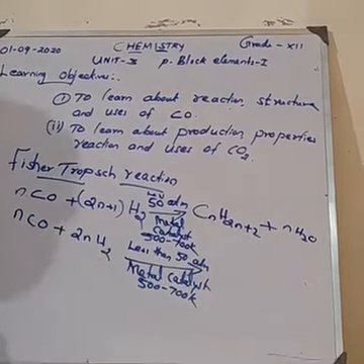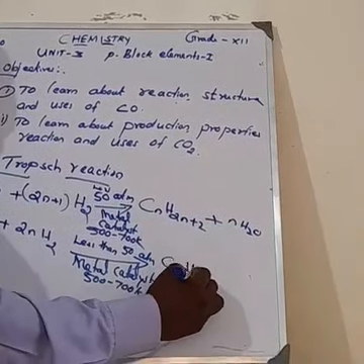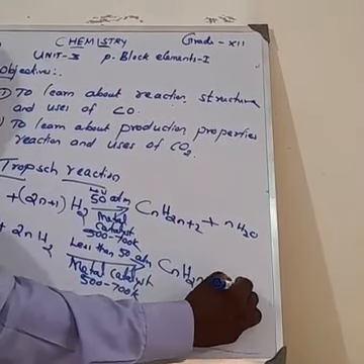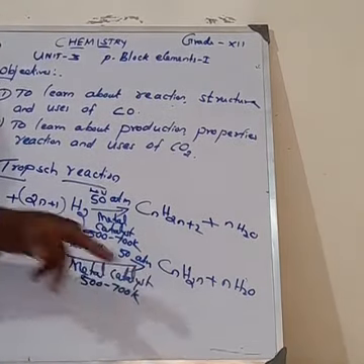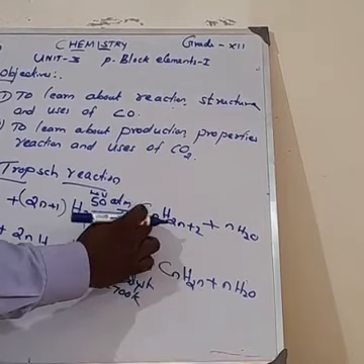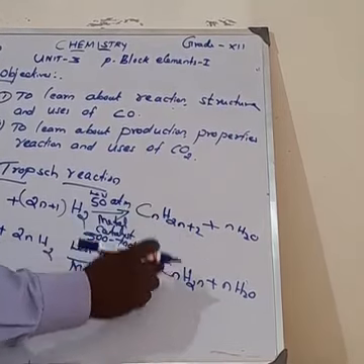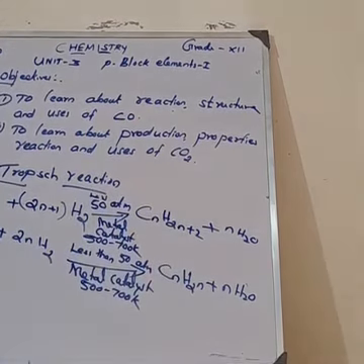Here we get CnH2n plus n molecules of H2O. This is the formula for alkenes, CnH2n. Alkane is CnH2n plus 2, alkene is CnH2n. These are the two hydrocarbons we get.